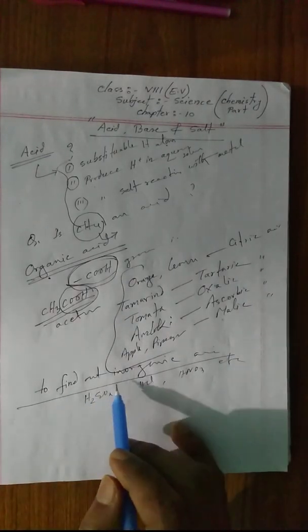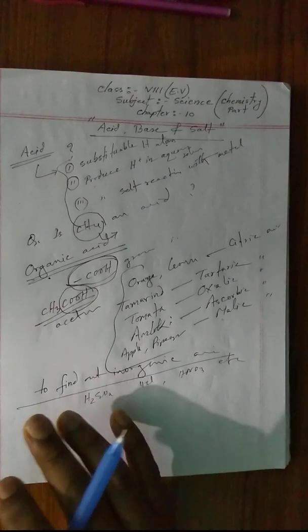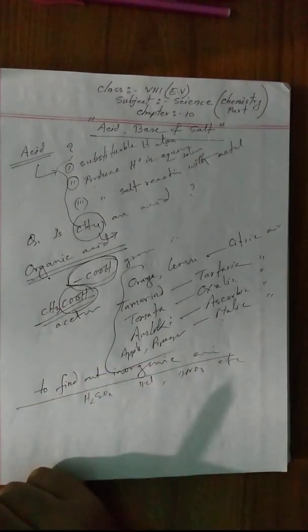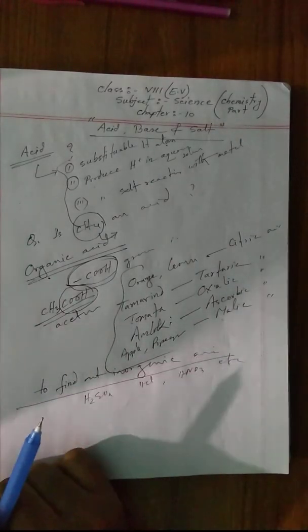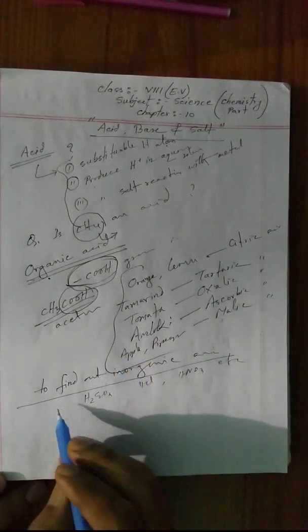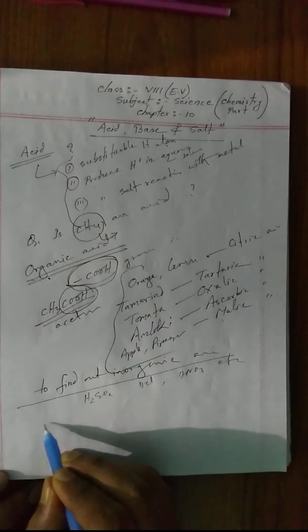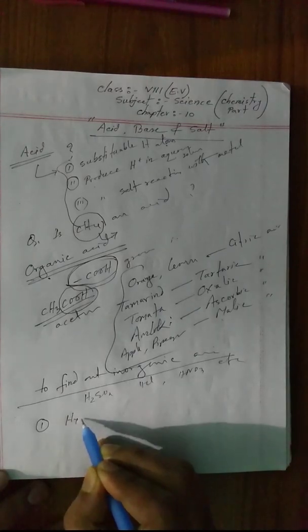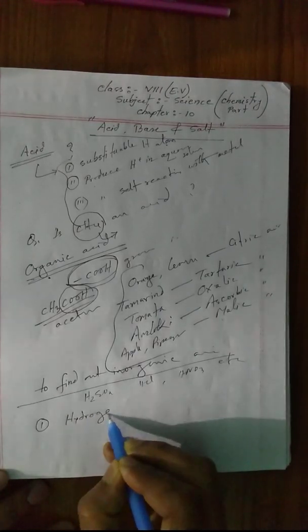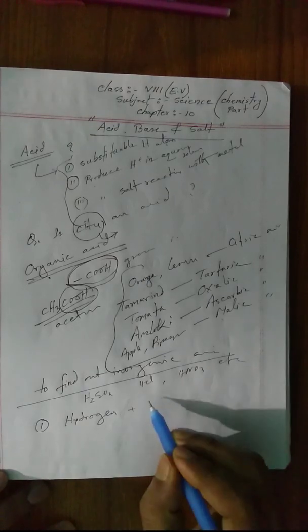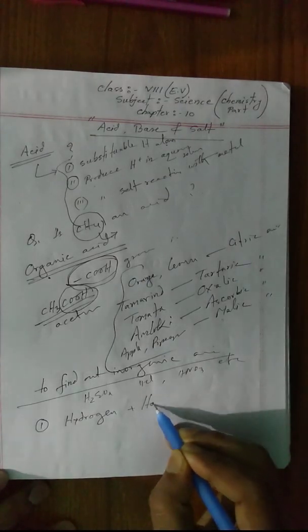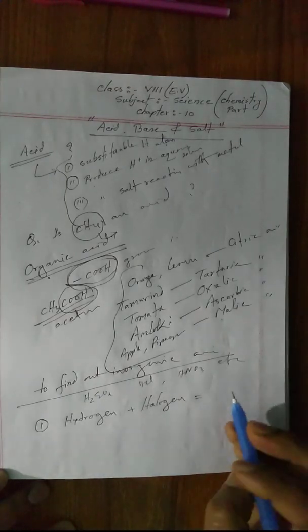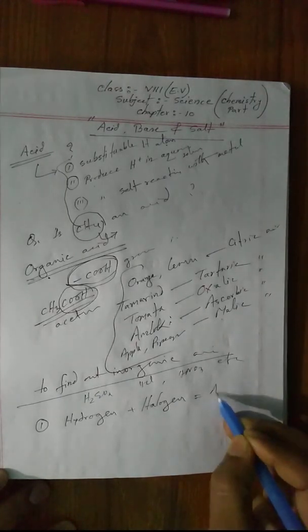Now, to find out inorganic acid, that means how we can identify whether it is an acid or others, here are two rules. Number one, hydrogen plus halogen. This is acid.